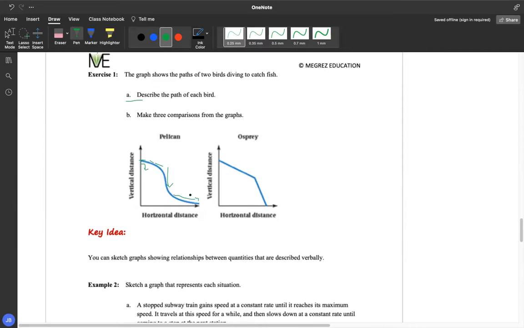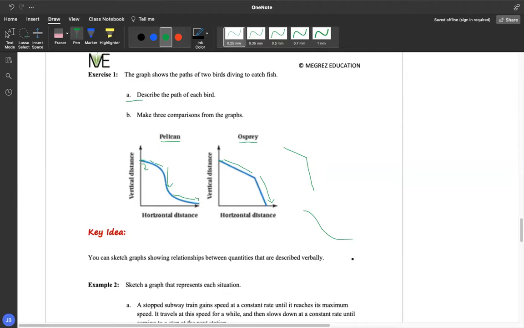Perfect. Okay. And that's for the pelican? Yep. And then for the other one, it's very fast. It goes down and goes down more. Perfect. So it starts diving, hits a spot, and then dives even further. Yeah. And a pelican's more like he swoops in.